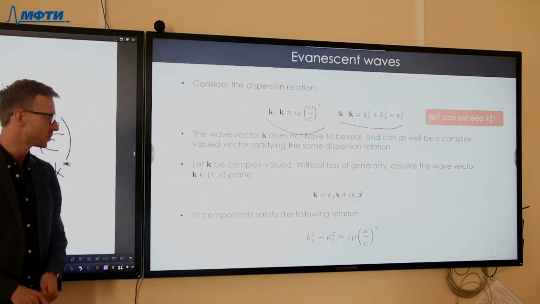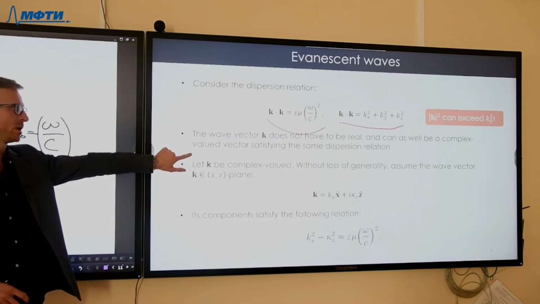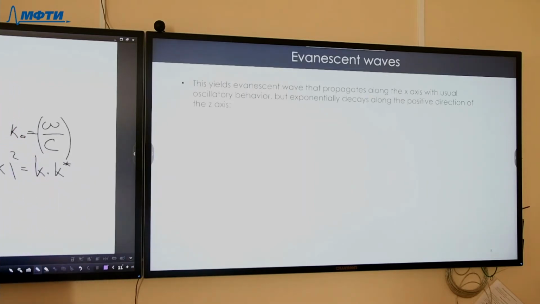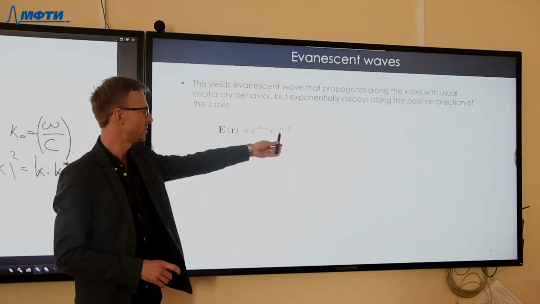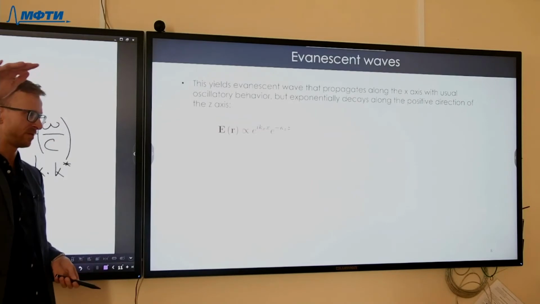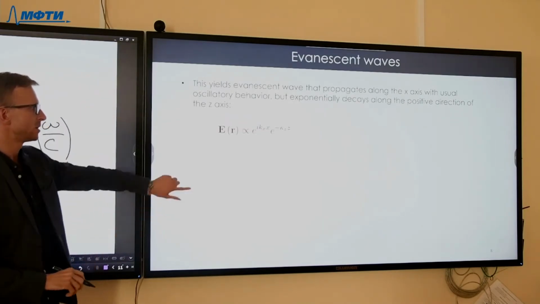So this, of course, should be known to you as an evanescent wave that propagates through free space. This is an evanescent wave that propagates along the x-axis with usual phase oscillations, with some phase velocity, but along the z-axis, it describes an attenuating behavior with the rate kappa z. So kx describes how fast the phase oscillates along x, but kappa z describes how fast the field decays along the z direction.